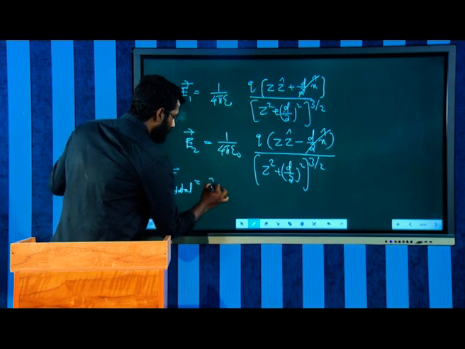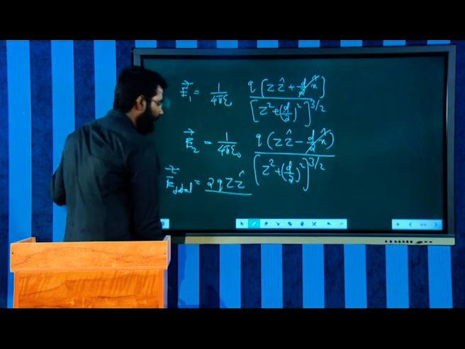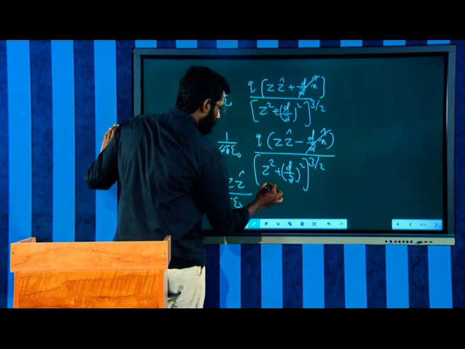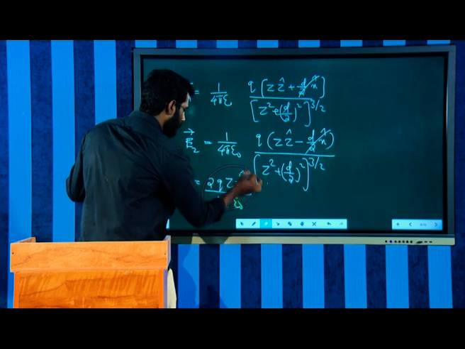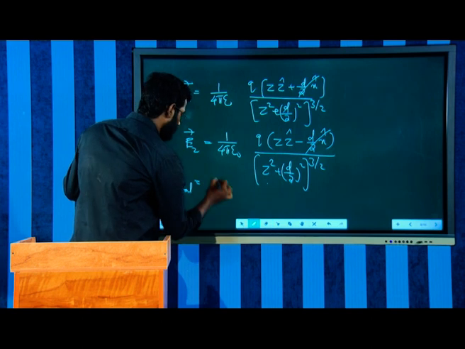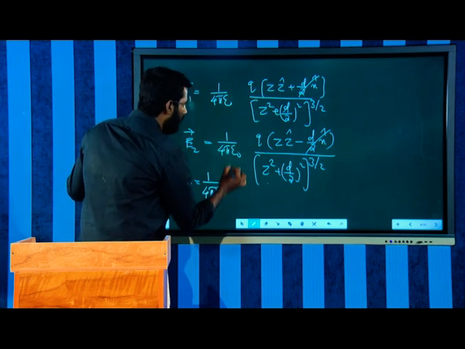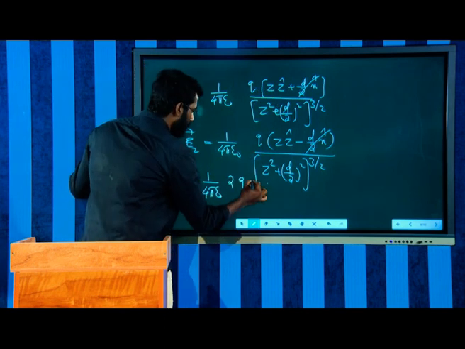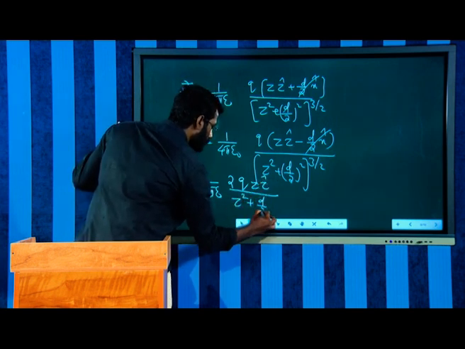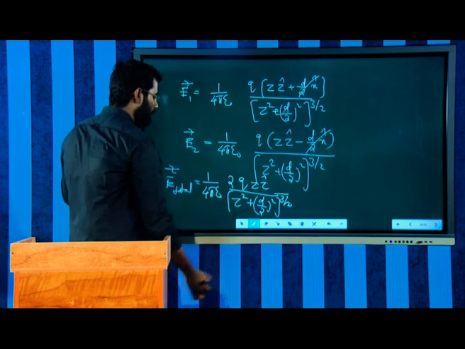So our answer will be 1 by 4 pi epsilon 0 into 2 into Q into z cap divided by (z square plus (d by 2) the whole square) the whole raised to 3 by 2. This is the final result.